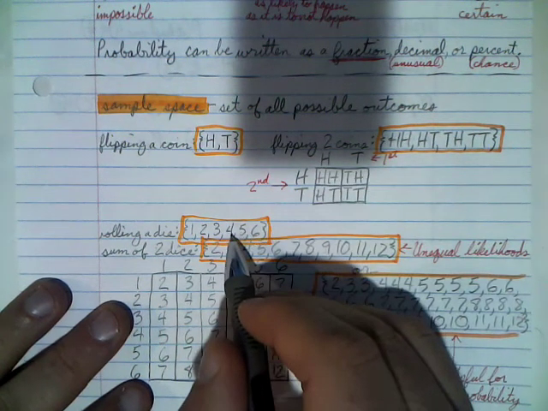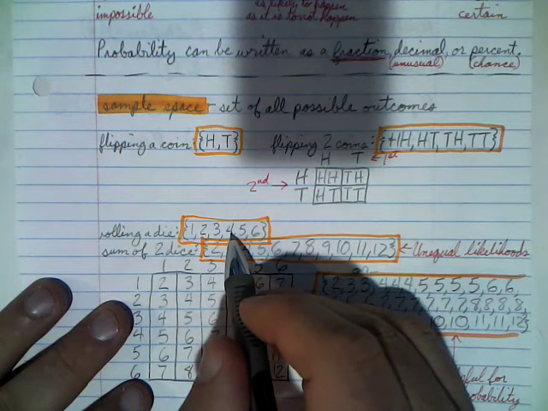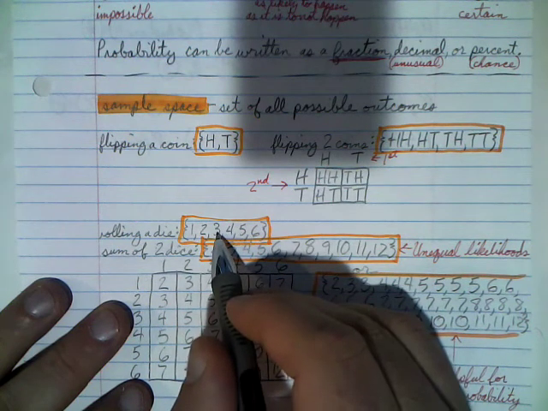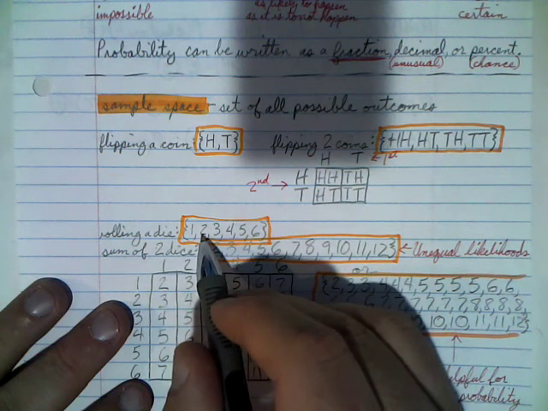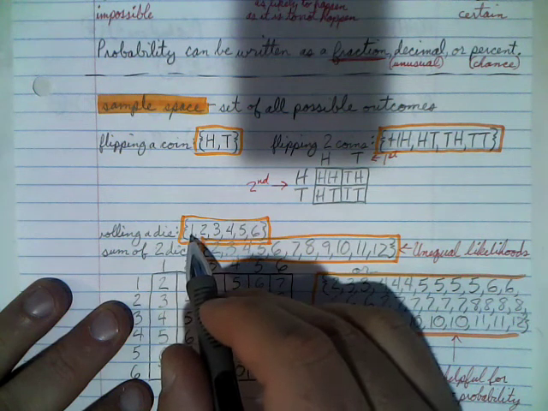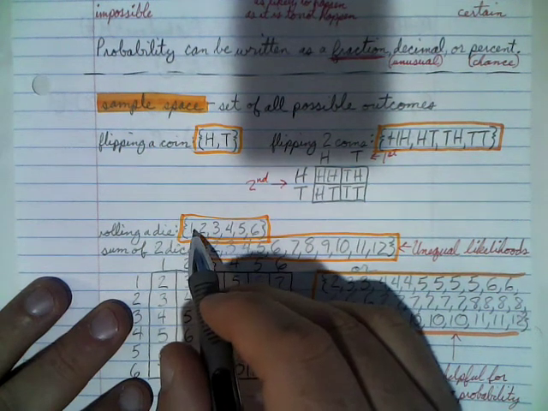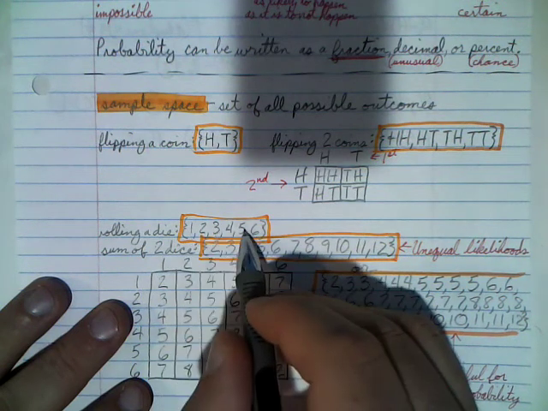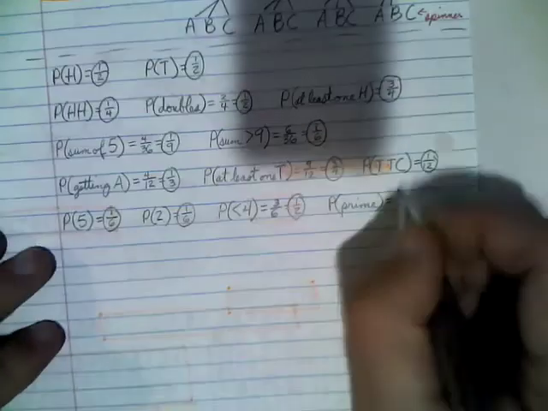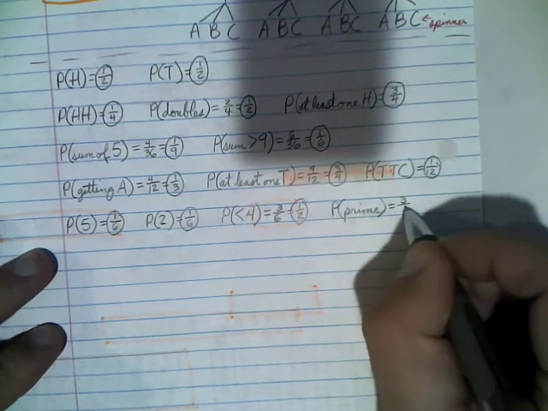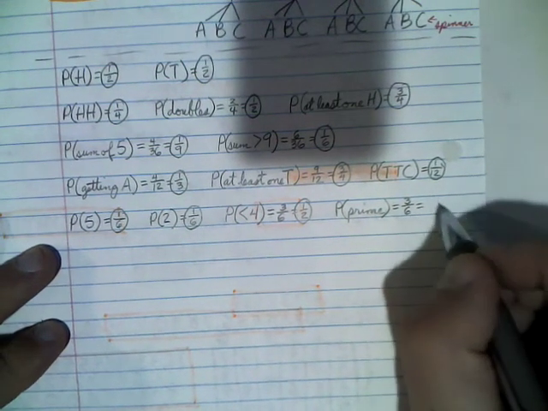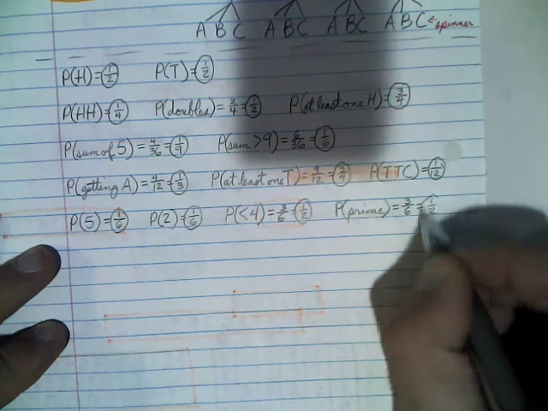That's prime. 4 has 1, 2, and 4. That's composite. 3 is prime. It just has 1 and 3. 2 just has the factors 1 and 2. But the number 1 only has itself as a factor. That's only one factor. It does not meet the definition of having two factors. So 1 is not prime. So the only prime numbers here are 2, 3, and 5. So there are only 3 favorable out of the 6 possible for a probability of 1/2.